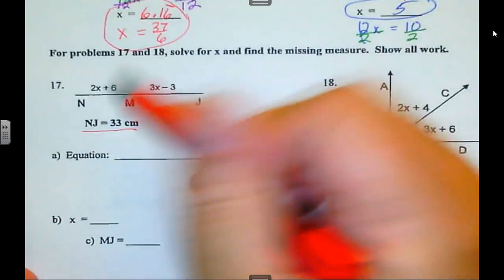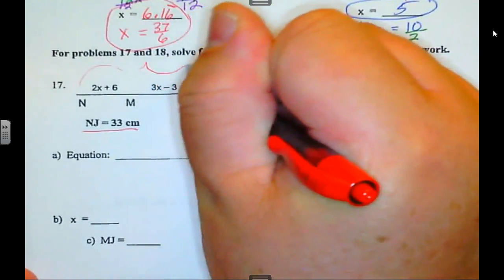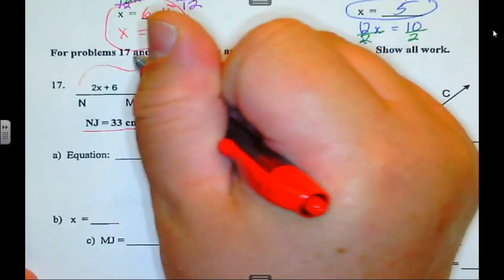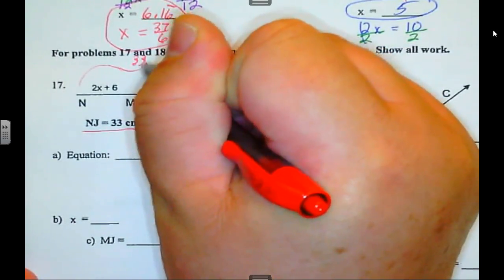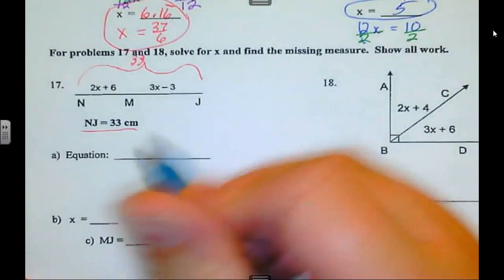So from N to J, it equals 33. Can you come up with an equation now? Okay, good.